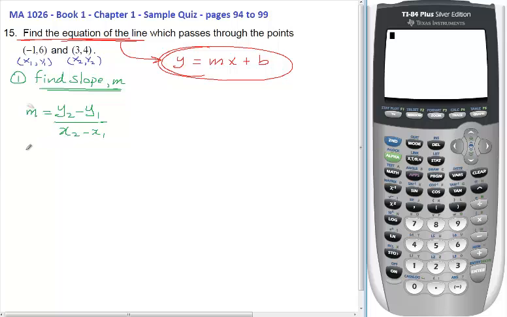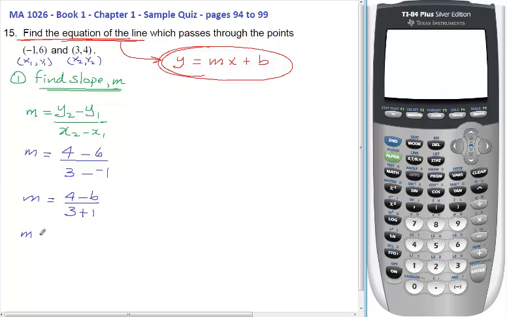So plugging that in our formula, m equals y2, which is 4, subtract 6, y1, over x2, which is 3, subtract a negative 1. And because it's subtract a negative 1, the bottom is going to simplify to 3 plus 1, isn't it?